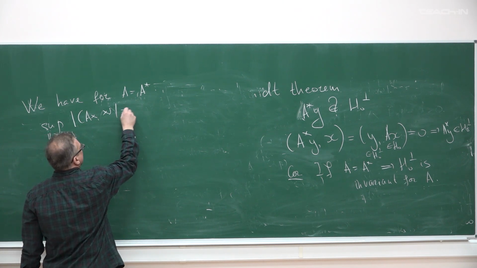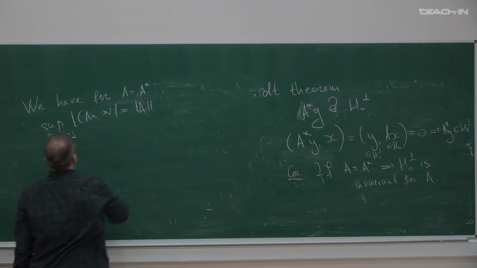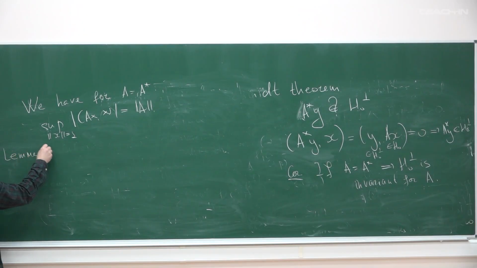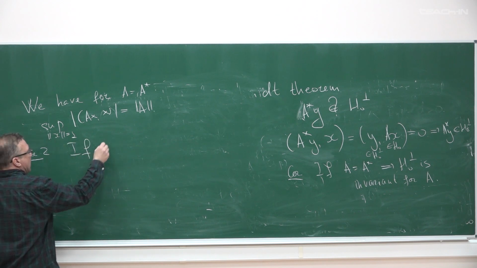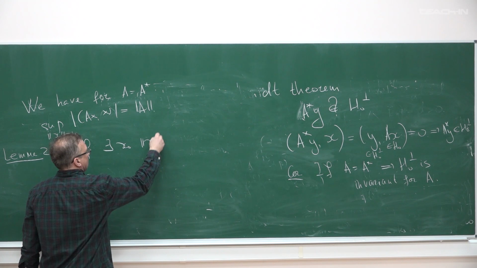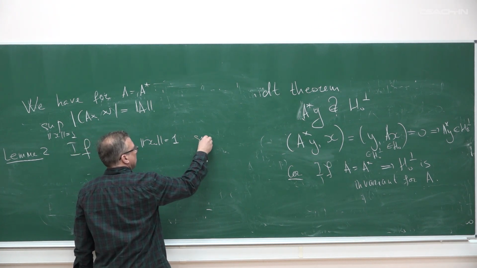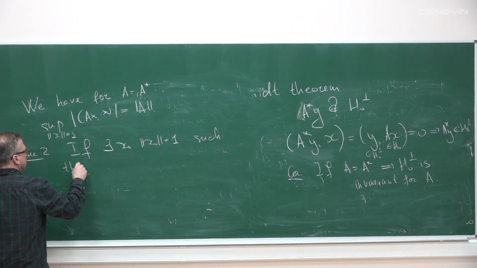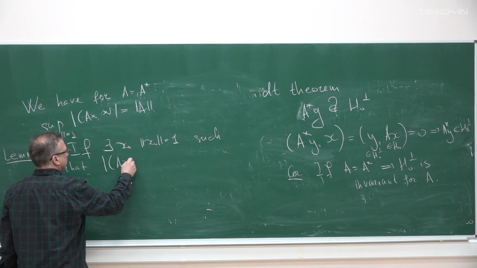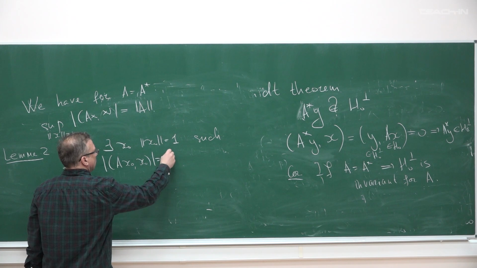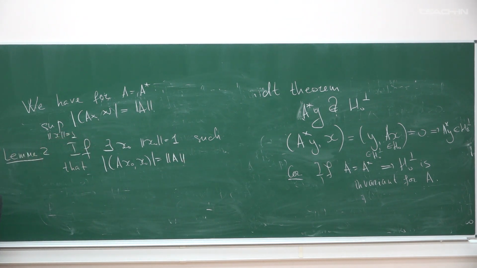We know what the norm is. If there exists a vector with unit norm such that the quadratic form at x0 equals the norm, so it is attained on some vector, then this vector is an eigenvector.